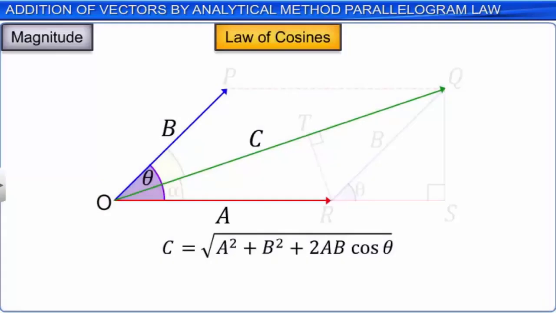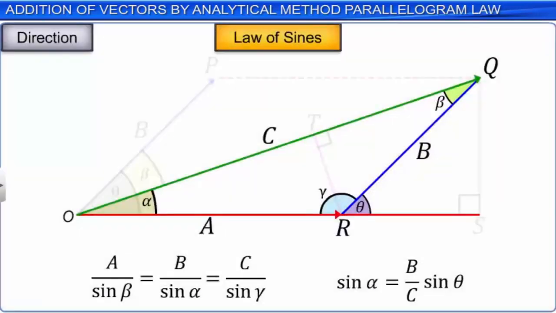A by sin beta is equal to B by sin alpha is equal to C by sin gamma. This equation is known as the law of sines. Sin alpha is equal to B by C into sin theta. From this equation, we can find the direction of the resultant vector C. Tan alpha is equal to B sin theta by A plus B cos theta. From this equation, we can find the direction of the resultant vector C.